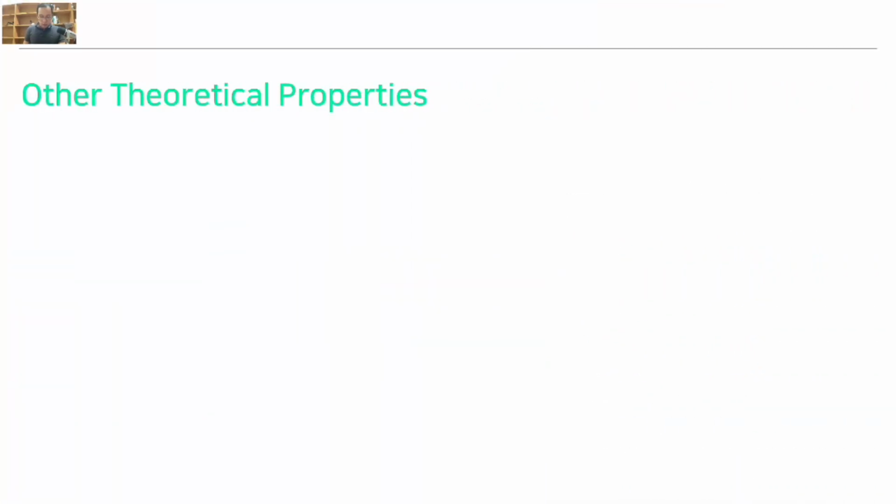So that was the initial theoretical property of GCN, and now we understand more about graph neural networks. We will talk about other theoretical properties.